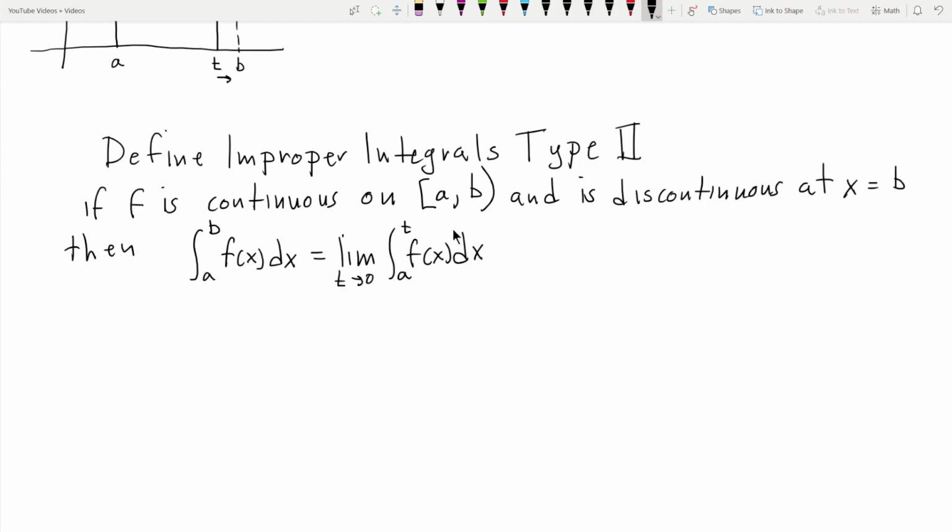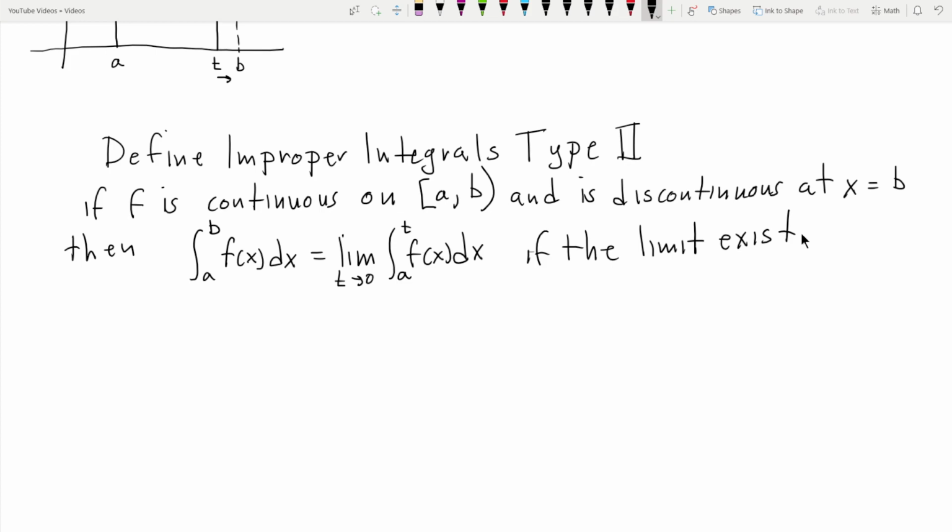Now the continuity allows us to write that equation, but it doesn't guarantee that the limit exists. So this is if the limit exists. And just like before, if it exists as a finite number, then that is the definite integral.